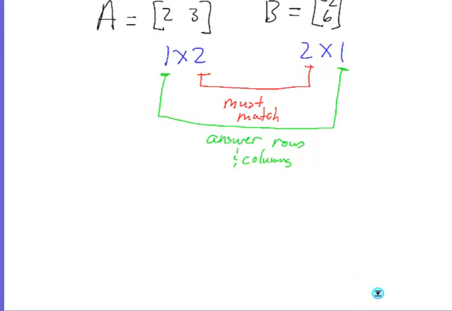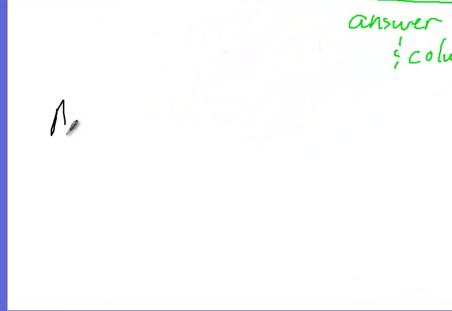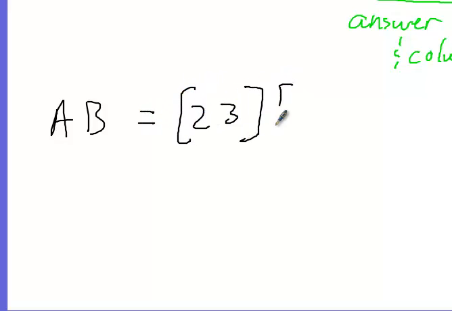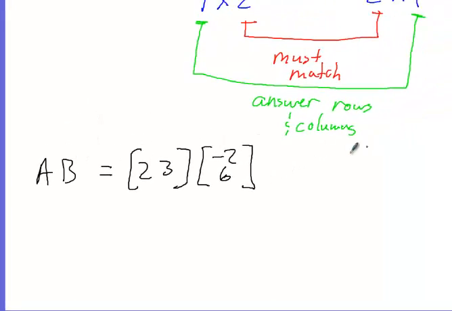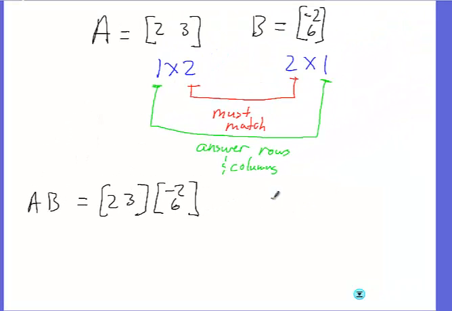Because when you multiply matrices, so let's say we're going to do A times B. That's really 2, 3 times negative 2, 6. Remember back when I said that you need to be able to know what each portion is.